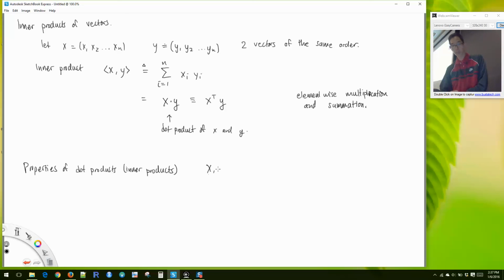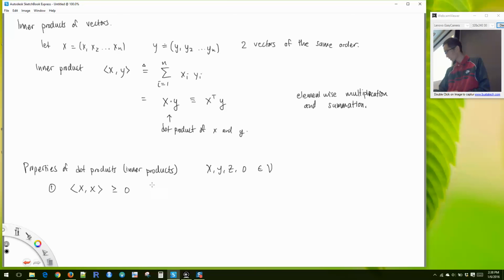So if we have x, y, z, and 0 as elements of our vector space V, the dot product of x and x will always be greater than or equal to 0. This is kind of like the analog for scalars: when you square a number, it's always positive.